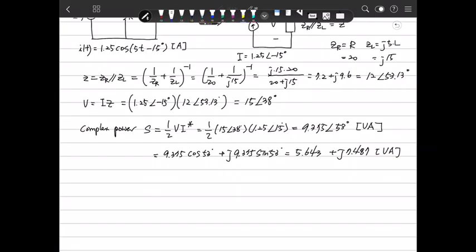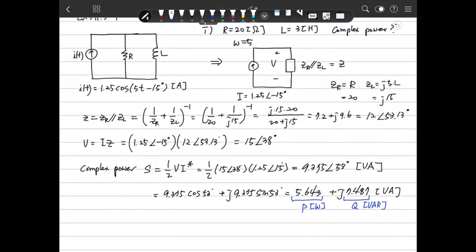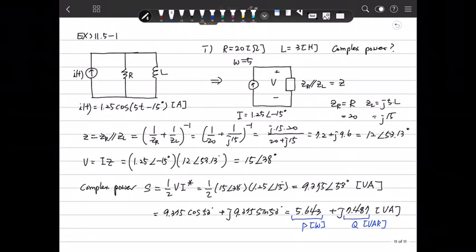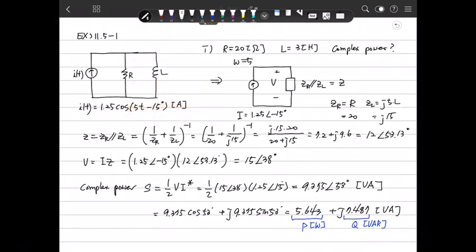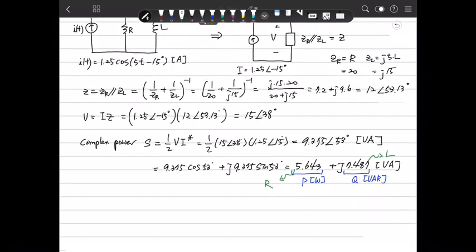This is P, active power, and this is reactive power Q. The unit is watt, and this is var. I mean that P is consumed by the resistor. That is related to the resistor. And this is related to the L. So this is complex power.